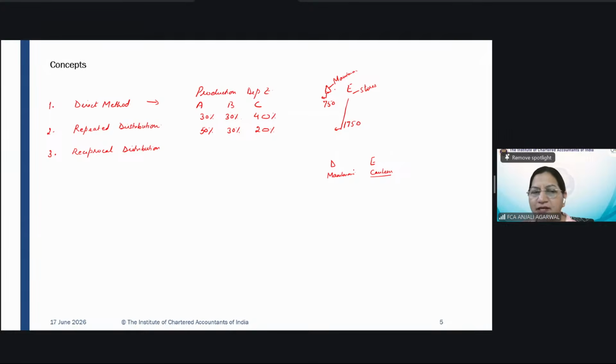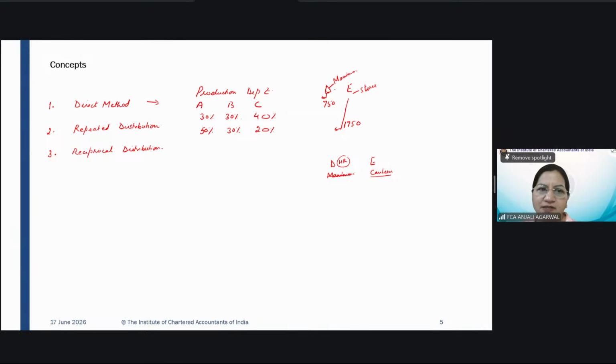And the third way could be that Department D is, let's say, the HR department. So not maintenance, but HR. So HR will have the employees of A, B, C, and E being recruited, and E is the canteen department. So E will have A, B, C, D, and E as well, all the employees eating here, which means D is offering its services to E and E is offering its services to D also.